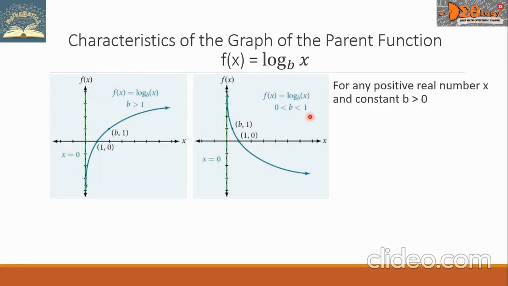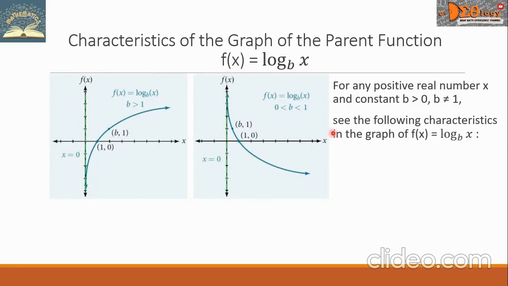For any positive real number x and constant b greater than 0, of course, b is not equal to 1, see the following characteristics in the graph of f of x equals log of x to the base b.